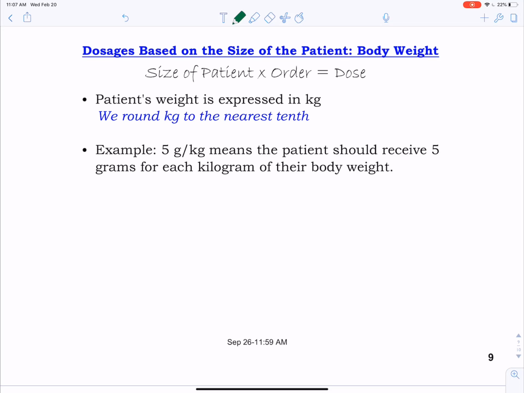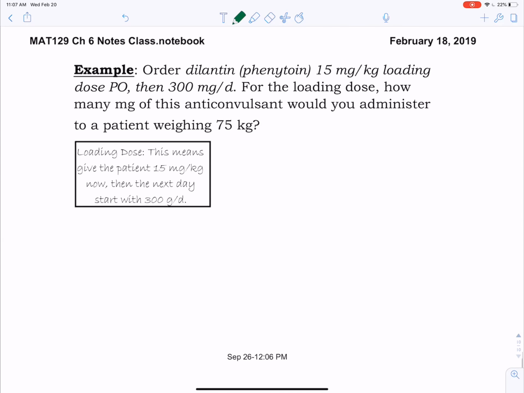Now, we also need to be careful with dosages based on the size of the patient. Most of the time, our patient's weight will be expressed in kilograms, or they'll give it to us in pounds and we'll have to convert to kilograms. So if we look at something like 5 grams per kilogram, that means the patient should receive 5 grams for each kilogram of their body weight.